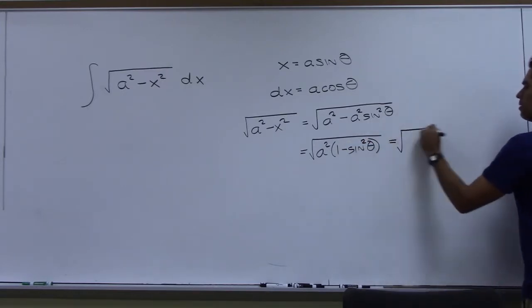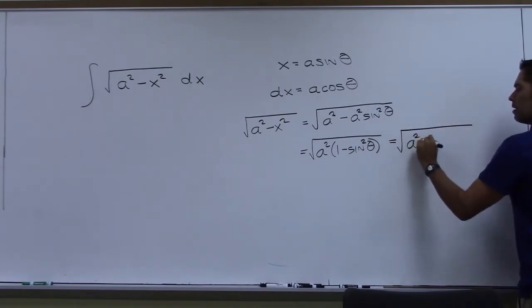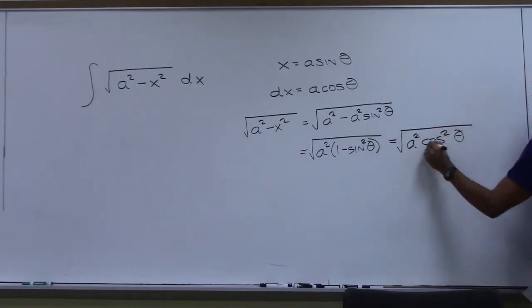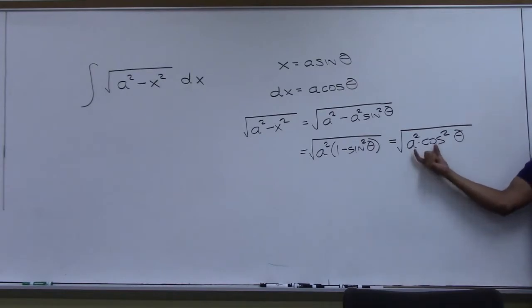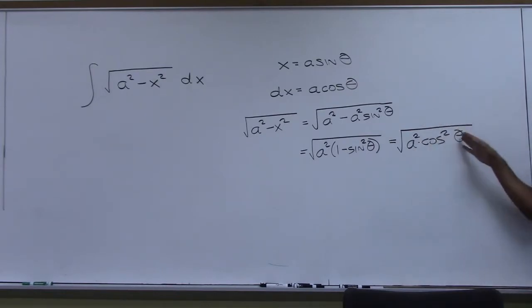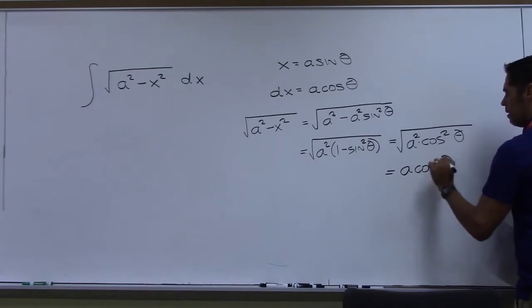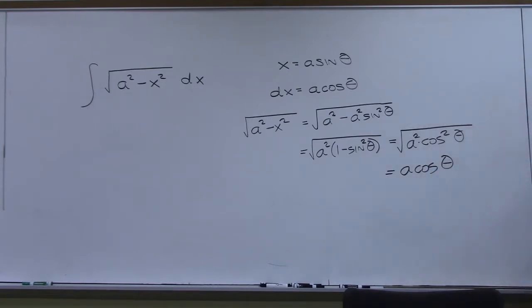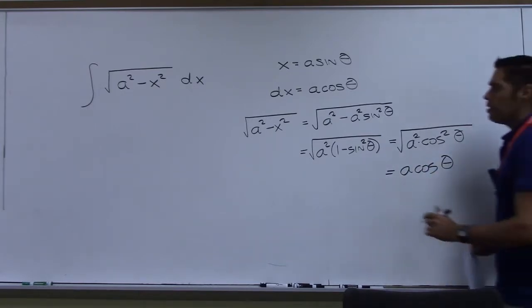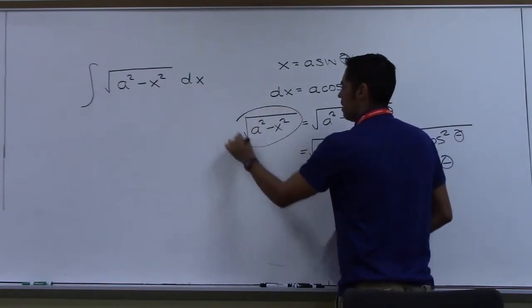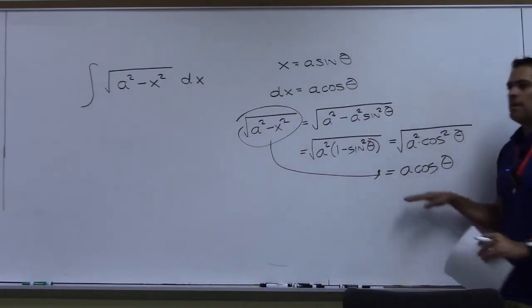So you have square root of a squared cosine squared theta. Now you have a product. Two things being squared, you take the square root of each one, you get just a cosine theta, and that's it. So those are our three pieces, remembering that this simplifies to be this.